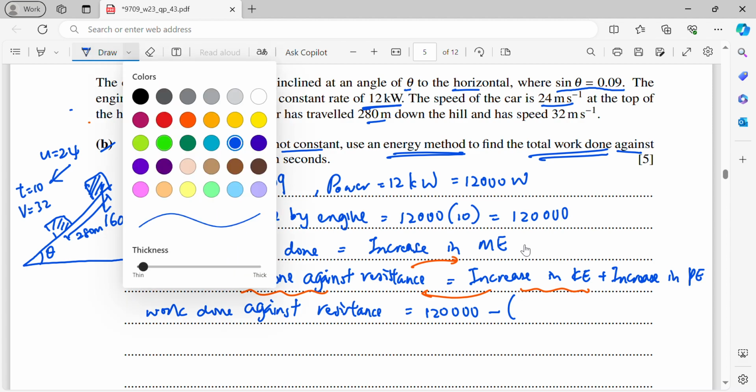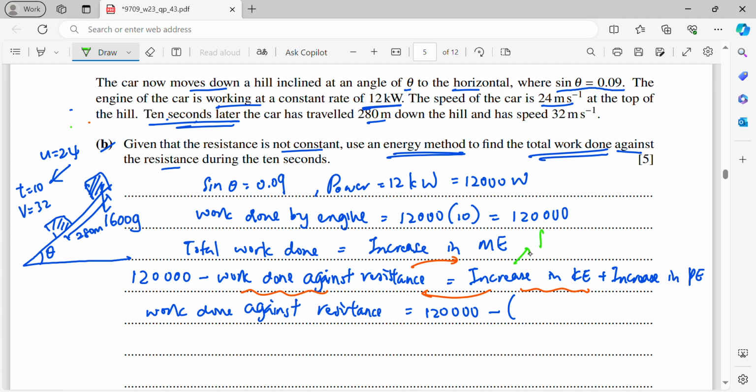This is the final ME: final kinetic energy, final KE, minus initial KE. Same goes for the increase in PE, so it will be final PE minus initial PE.